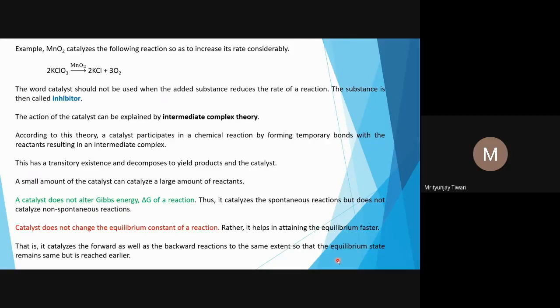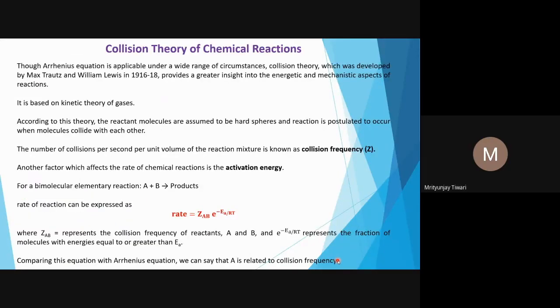Both Kf and Kb increase, so the equilibrium is attained faster. Now this is the final topic of this chapter, the collision theory.